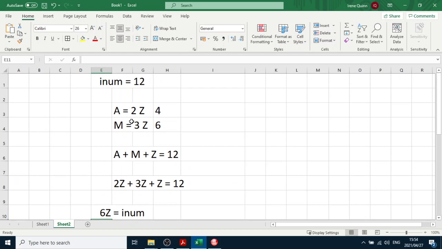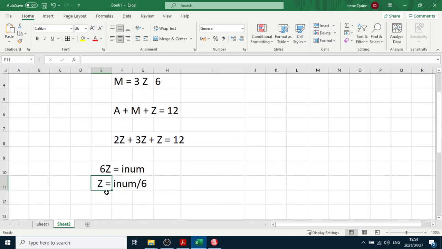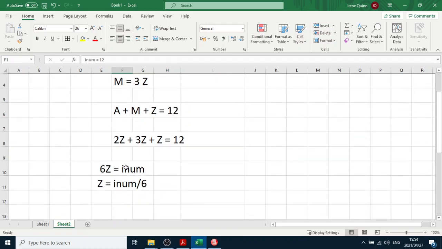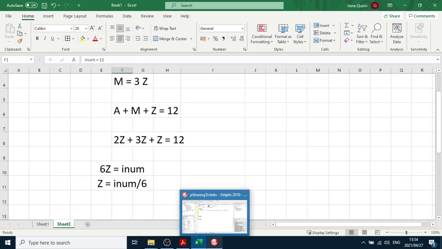And then we can say A is 2Z, and so on. So if Z is inum divided by 6, then I can say A equals 2Z and M equals 3Z. We don't know what inum is. This is the example of 12, but if I put rNum instead of the 12 there, I get Z equals rNum divided by 6. That's how we're going to play it.